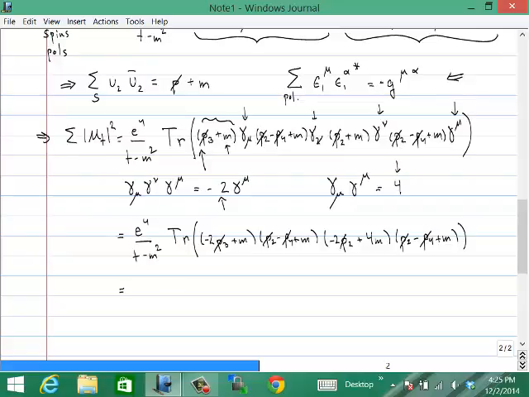Okay. So I don't want to write down all of the terms. It gets a little bit tedious. But for example, there are various terms. So remember that the trace of gamma mu, gamma nu, gamma alpha, gamma beta has terms like g mu nu, g alpha beta, plus g mu alpha, g nu beta, plus g mu beta, g nu alpha.